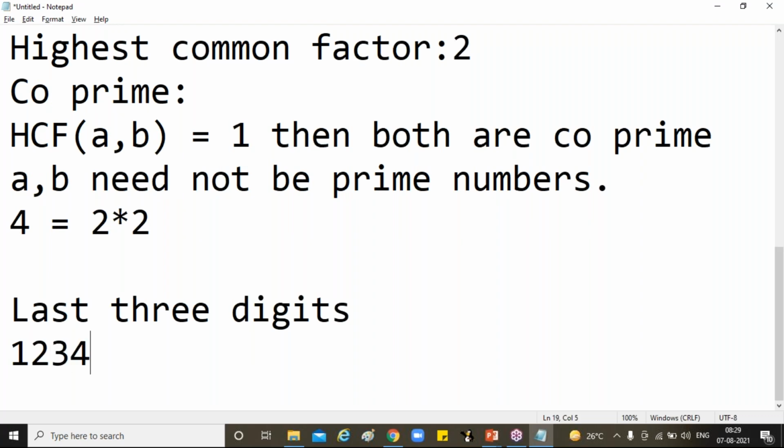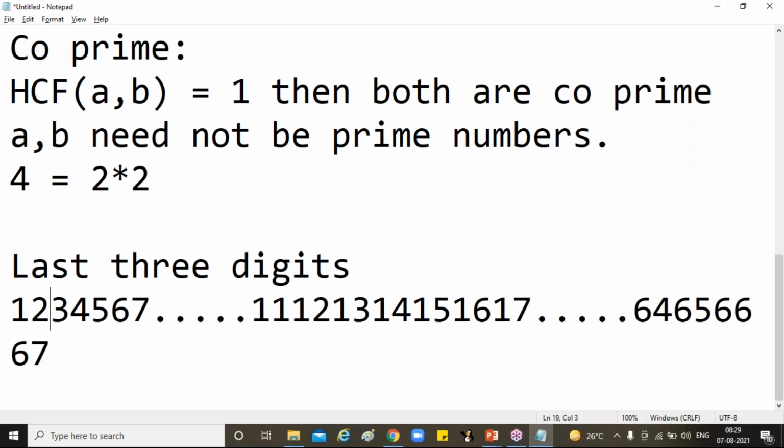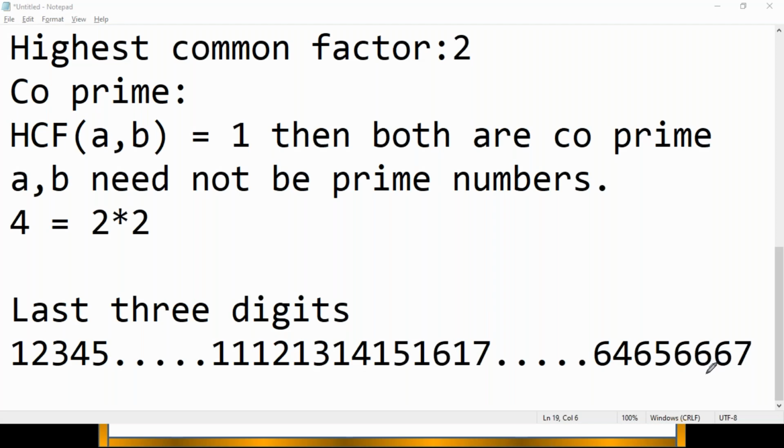The number is 1, 2, 3, 4, 5, 6, 7 and so on, 11, 12, 13, 14, 15, 16, 17 and so on, 64, 65, 66, 67. They asked what the remainder is when this number is divided by 8.